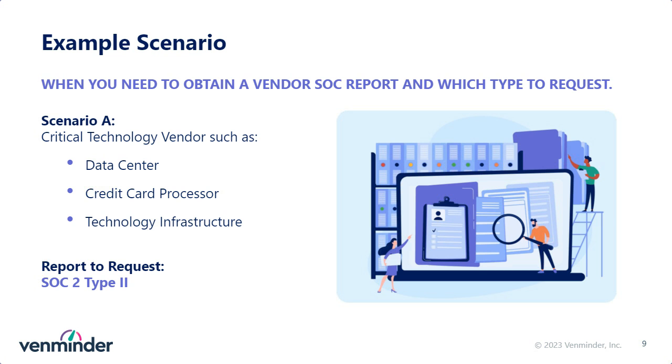If they have an option, you want to take that SOC 2 Type 2, and in the off chance that they have a SOC for cybersecurity, that would also be an excellent choice. We don't see a lot of SOC for cybersecurity still today, but they are becoming a little bit more popular, so it does not hurt to ask. But really, when we're talking about technology vendors, you always want to ask for that SOC 2 Type 2 if they have one available. That is the recommendation in this particular example.